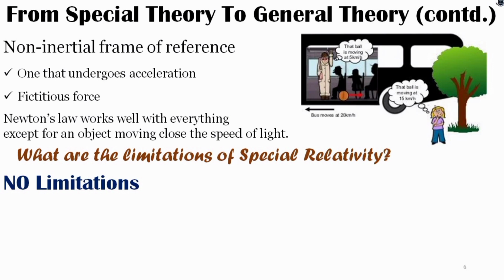No, general theory is something different, which works well in non-inertial frames of reference, and special theory also works in an inertial frame of reference. So it is not anything which has a limitation. It would have been a limitation if the scientific theory had failed in an inertial frame of reference also. So it is a request: let us not think that it has a limitation, but it works within its own framework.